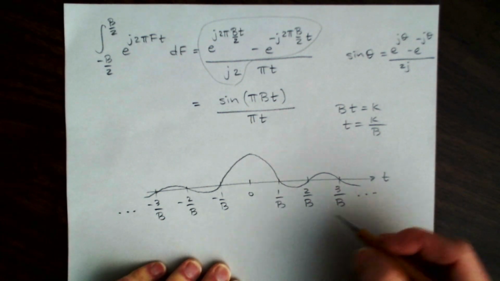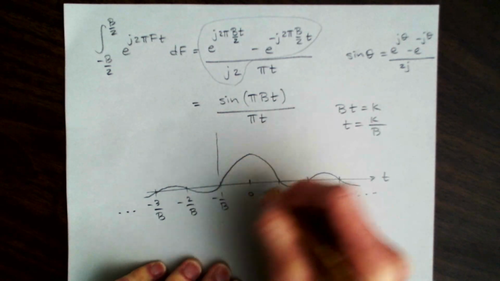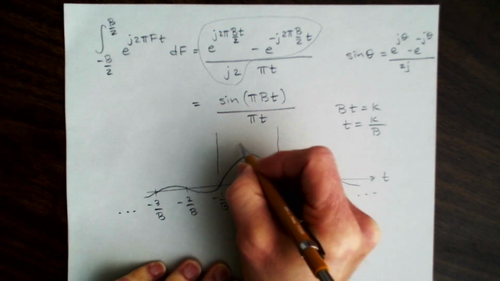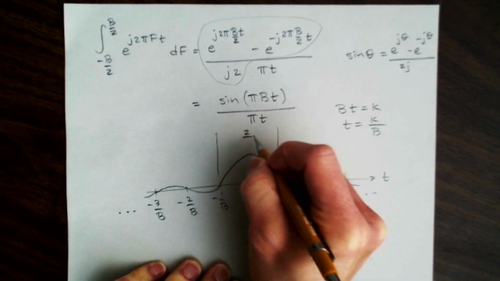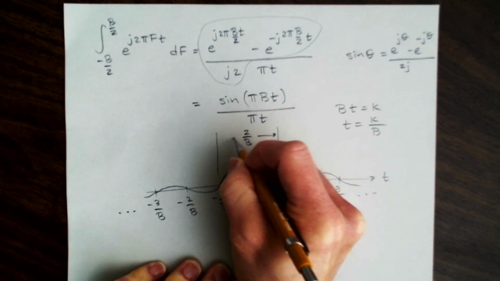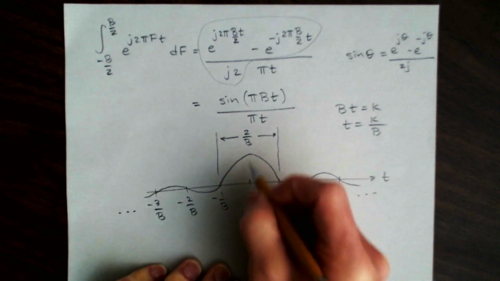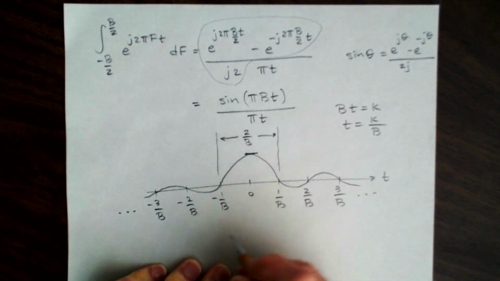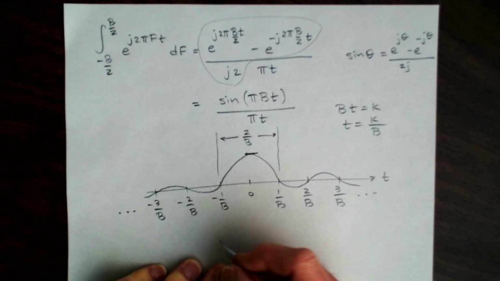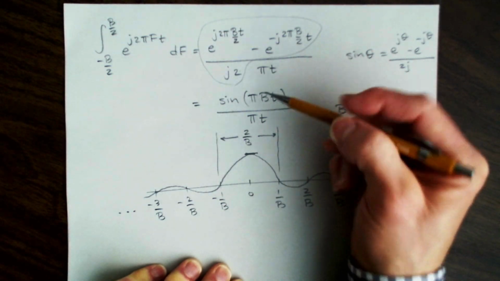One of the things to note is that the total width of this region here that we're going to call the main lobe is 2b. And the other thing to notice is that the amplitude of this function at 0 is equal to b.